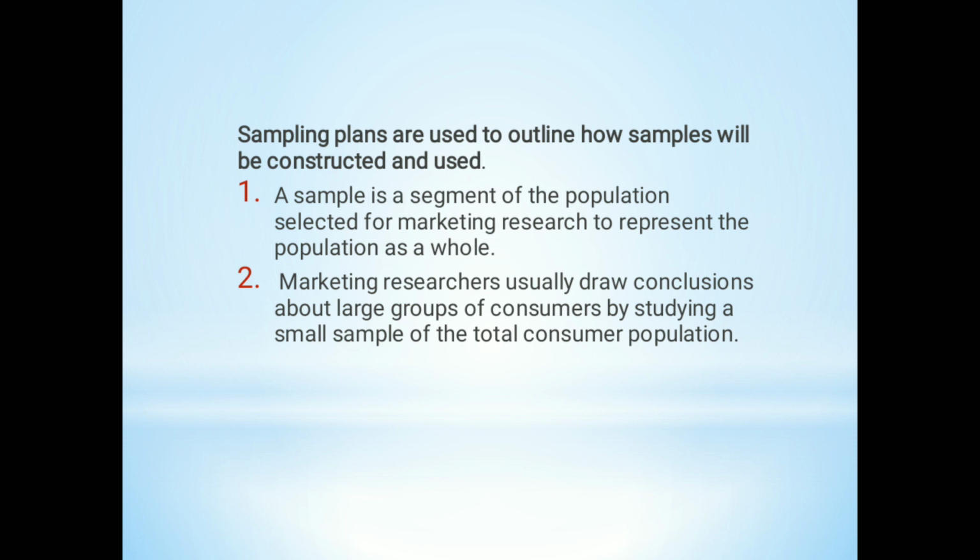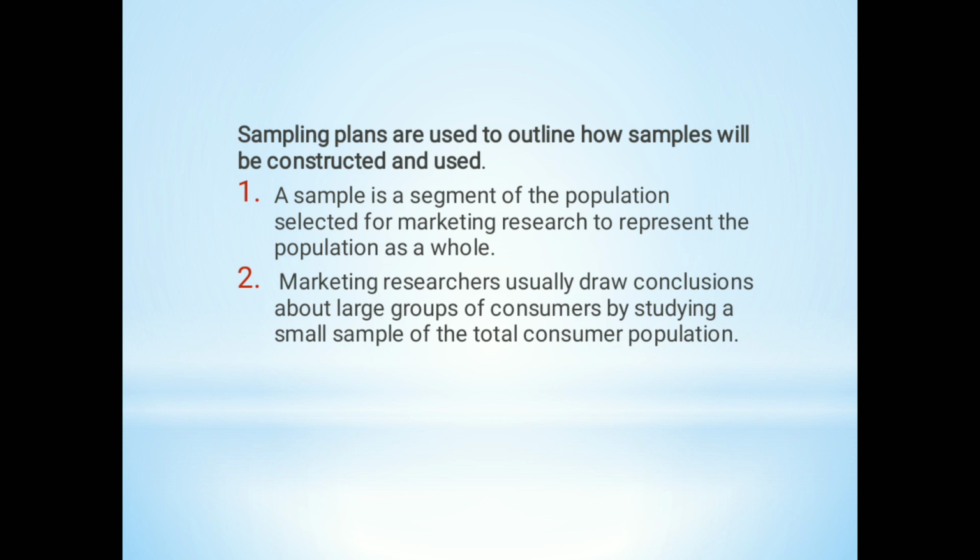Sampling plans are used to outline how samples will be constructed and used. A sample is a segment of the population selected for marketing research to represent the population as a whole.